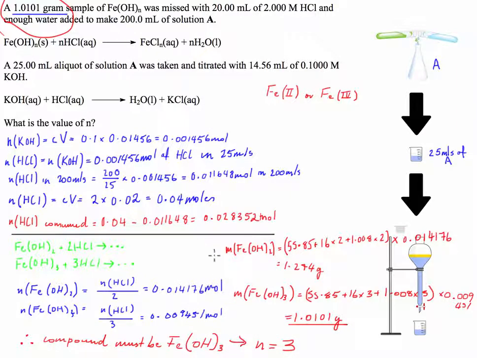Now, let's just go through a few steps. A back titration involves mixing a solution that's in excess with the solution that we're trying to analyze. Then we titrate against the remaining solution of the excess solution, not the solution that we're trying to analyze.